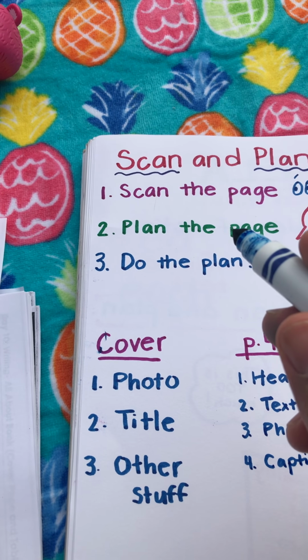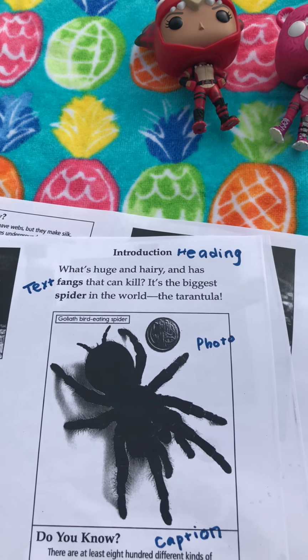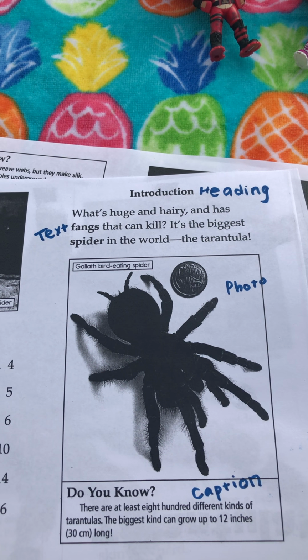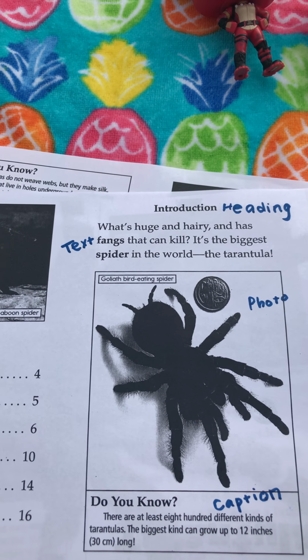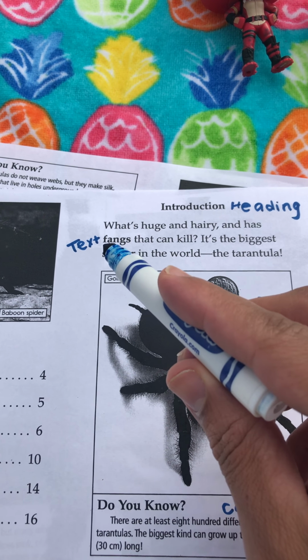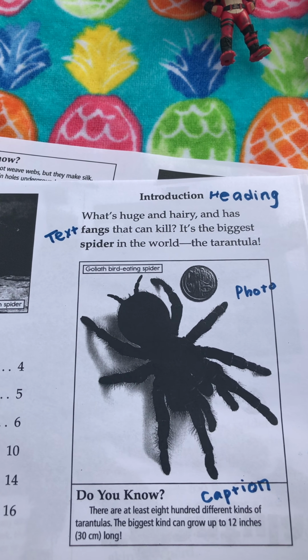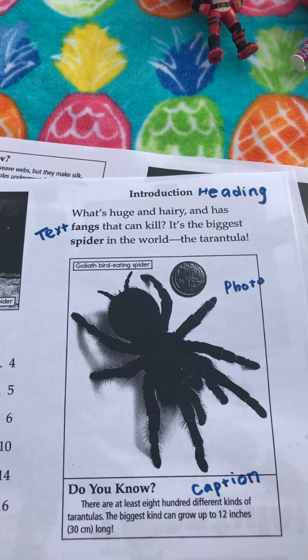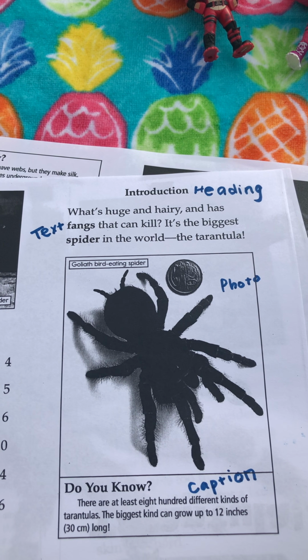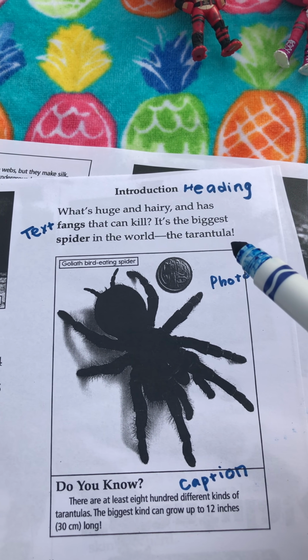Now that I have the plan, I get to do the plan. I said I would start with the heading. Introduction. All right, just getting started. Now I said I'll go to the text. What's huge and hairy and has fangs that can kill? It's the biggest spider in the world, the tarantula.